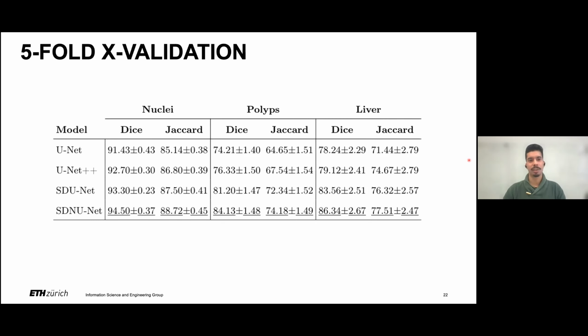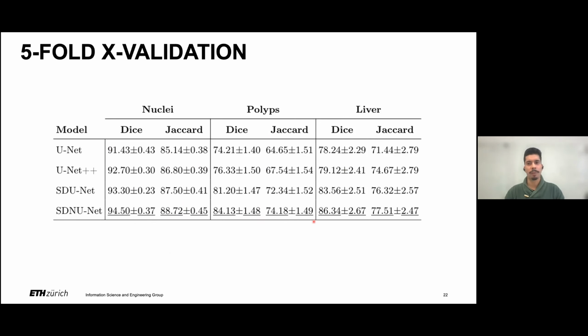I guess this table is not the original one that you see in the paper. These are some results that we got a few weeks afterwards. And we see a general increasing trend from the UNet-based models, so both UNet and UNet++, to the SDN-based models. This happens for the nuclei, polyps, and liver datasets, but the results are a bit more interesting when you look at the polyps and the liver datasets.